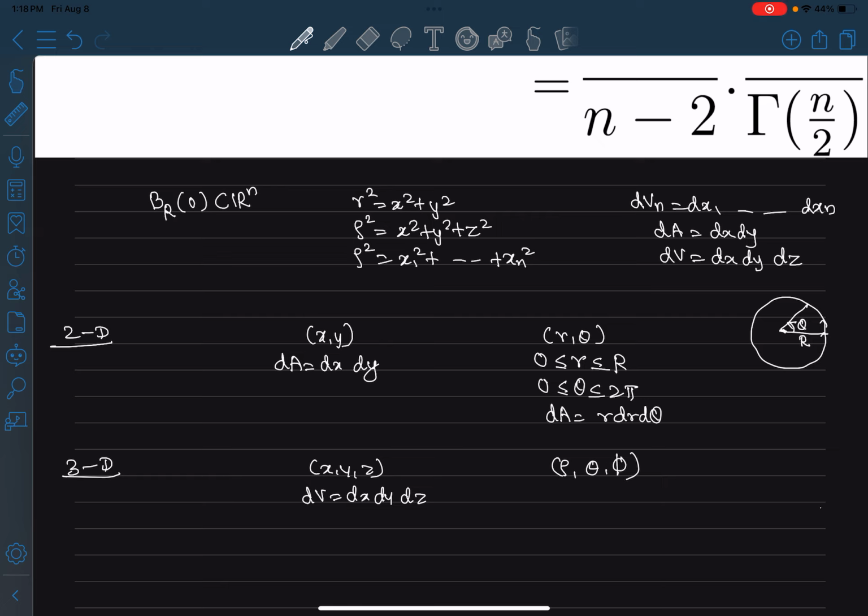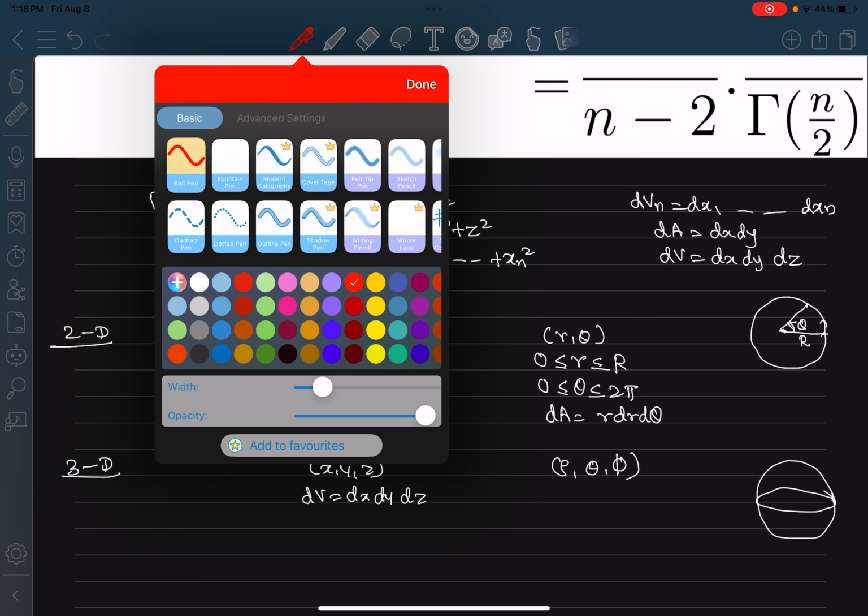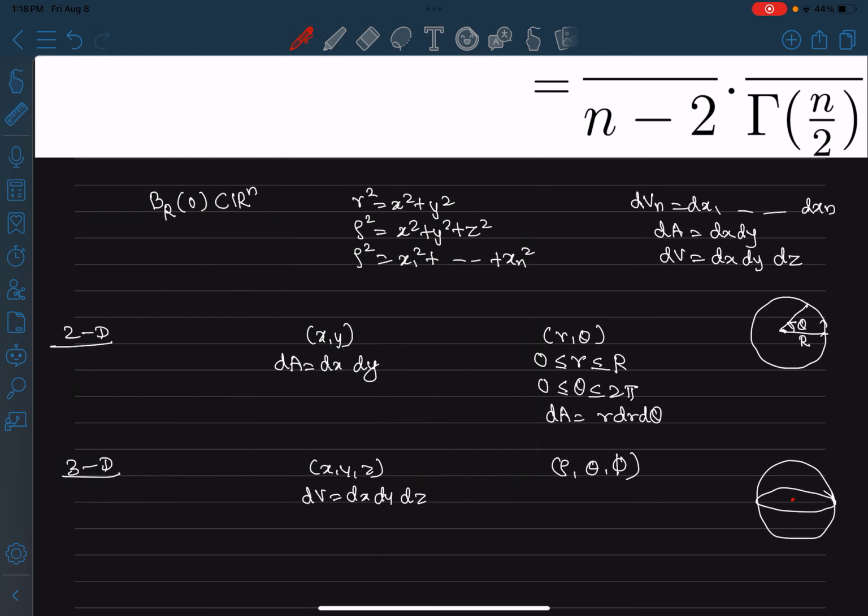So if you have to draw a figure, there's a sphere like that, right? And basically this radius rho is the length from the center to any point on the ball. It could be inside the ball or on the surface anywhere, right?